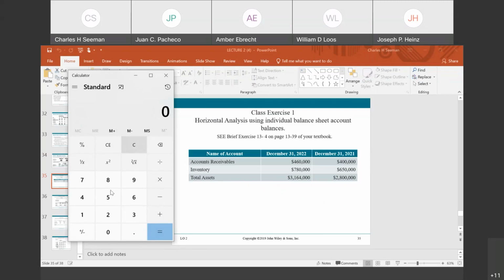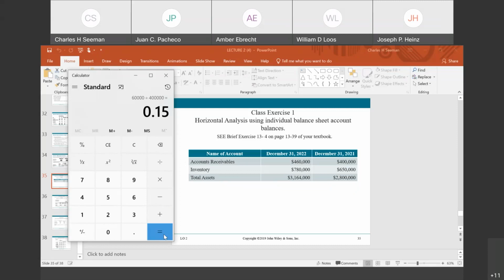So for accounts receivable, it would be 460 in this example, minus 400, divided by 400. And we'd say that accounts receivable increased by 15%.